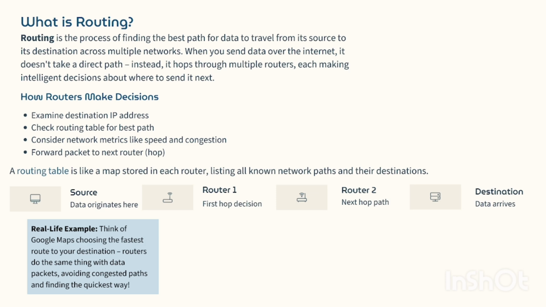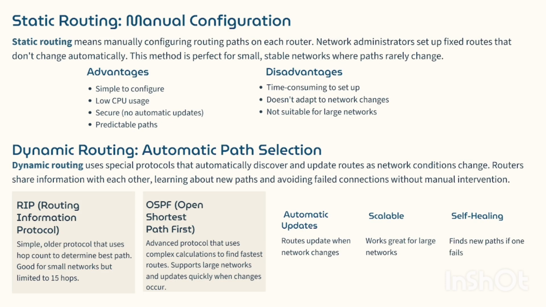A real life example of it can be Google Maps. It chooses the fastest route to our destination. Routers do the same thing with data packets, avoiding congested paths and finding the quickest way. Now there are two types of routing. First is static routing.